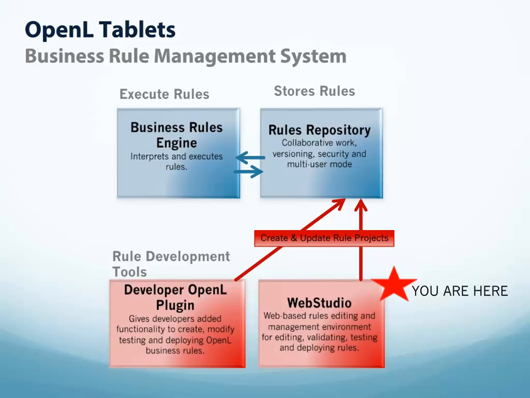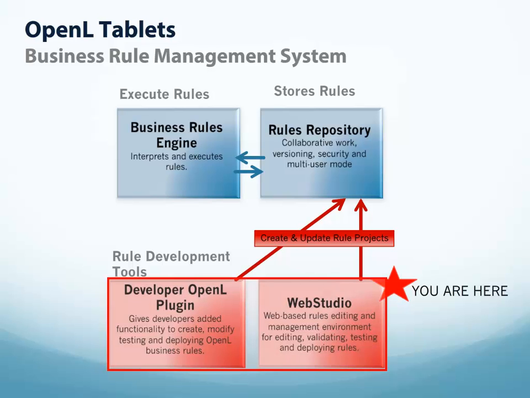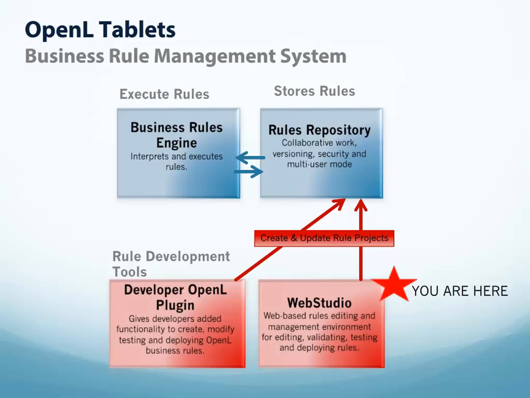Then we also have a requirement for a business rule management system to provide a tool to develop rules and logic in. OpenL Tablets actually has two tools, one that allows technical developers and another which empowers business experts to define and manage decision logic.